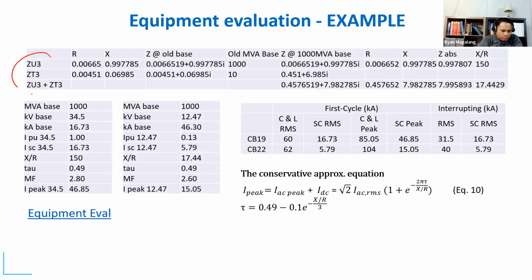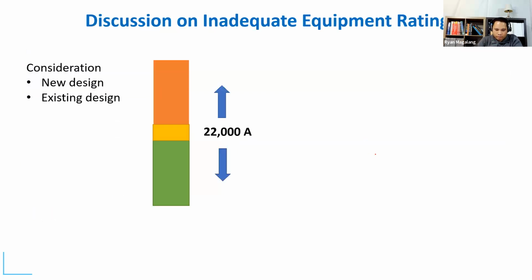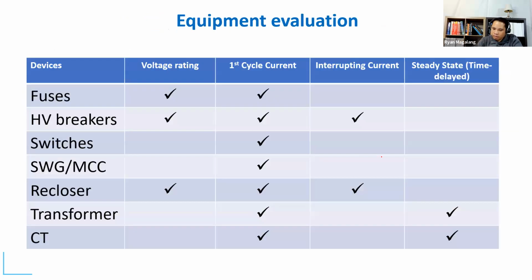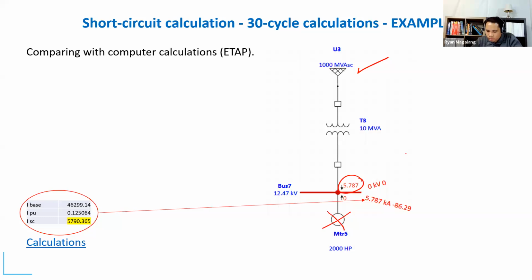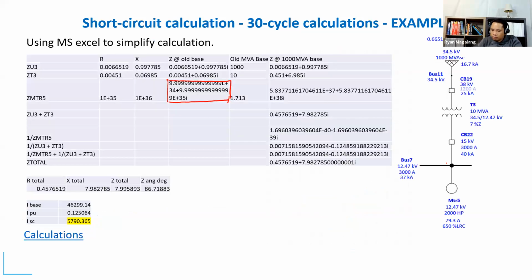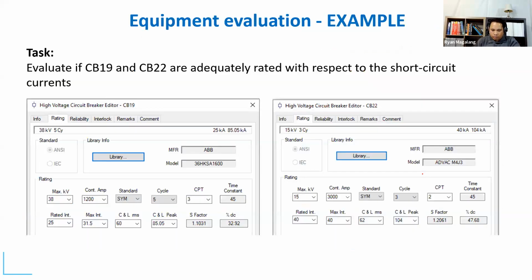Do I have the... okay? It's a bit far. So that was this breaker, this and this. So that's the one we're trying to evaluate. Okay, here it's clearer. So that's CB19 and CB22. That's the one we're trying to evaluate here.